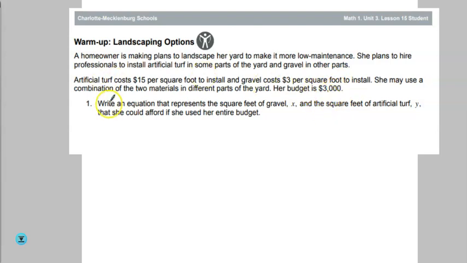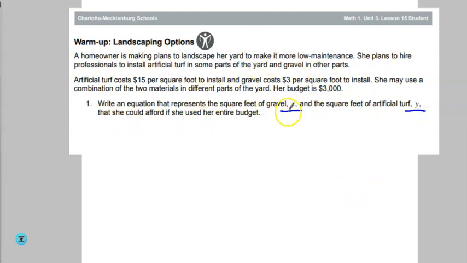$3,000. Right, so it wants you to write an equation that represents the square feet of gravel. Now be careful on this one and check if you tried it. The gravel is the x. So even though they said turf costs 15 and gravel costs 3 in that order, they want you to start with the gravel and use y for your turf.